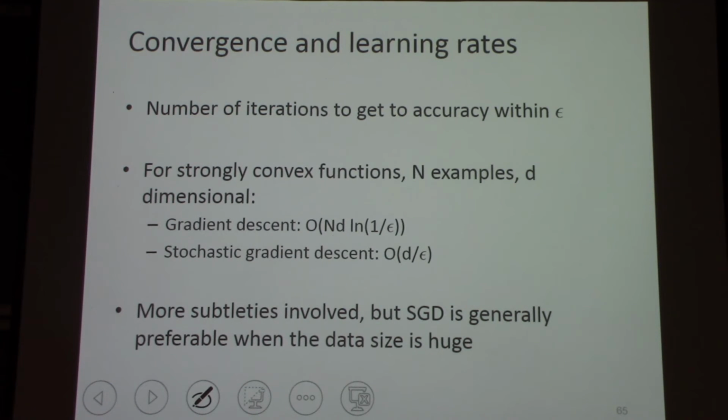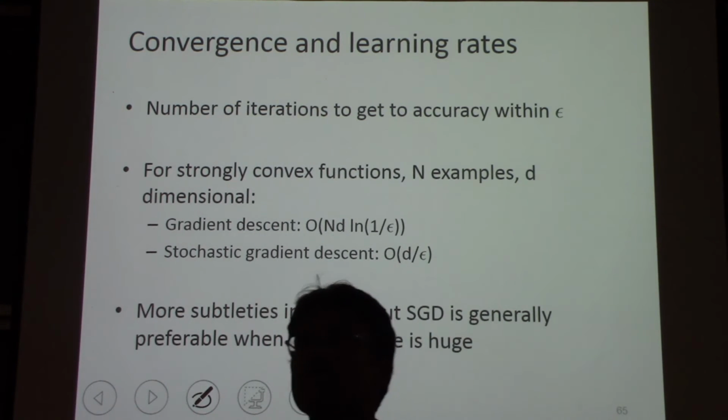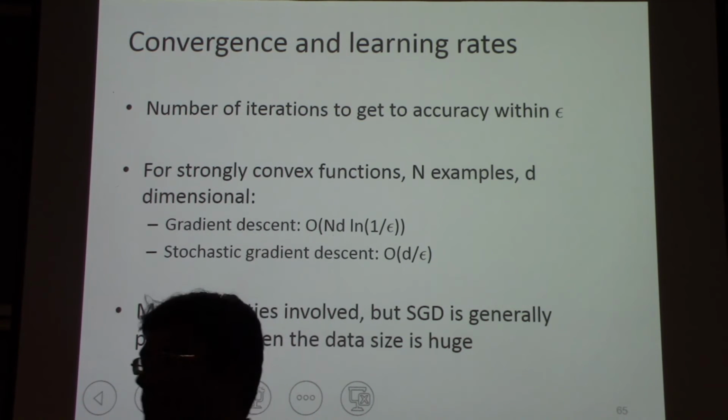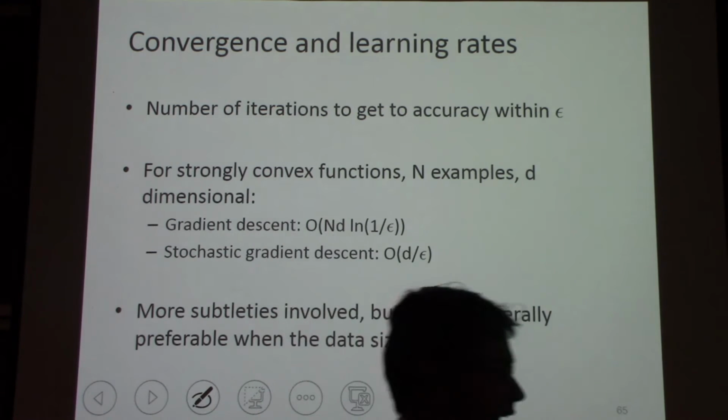For strongly convex functions, just think of it as convex functions. When you have n training examples, where each example is a d-dimensional vector, vanilla gradient descent, not stochastic, takes roughly n times d steps to get within epsilon. Stochastic gradient descent does not have the dependency on n.